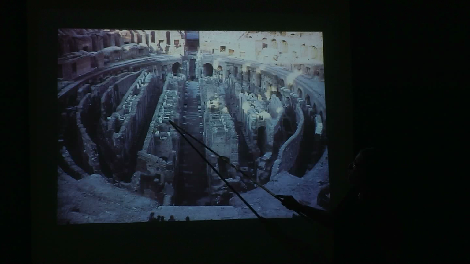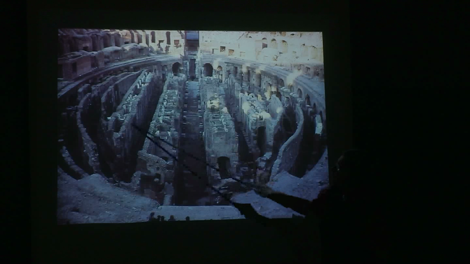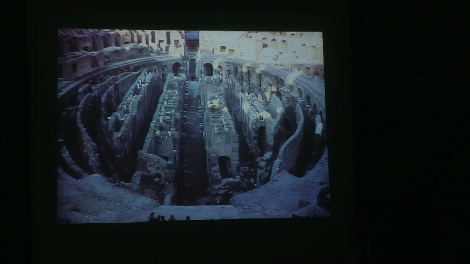You see these openings, several of them here. These were chambers, small chambers, connected to the floor above, where the spectacles were, and they were leading to windows or gates, you might say, that could open and release the animals into the arena.